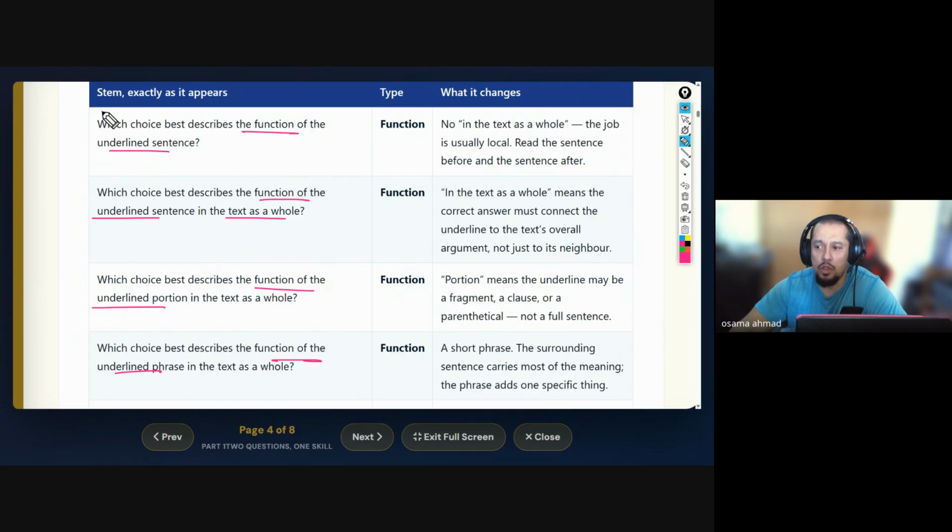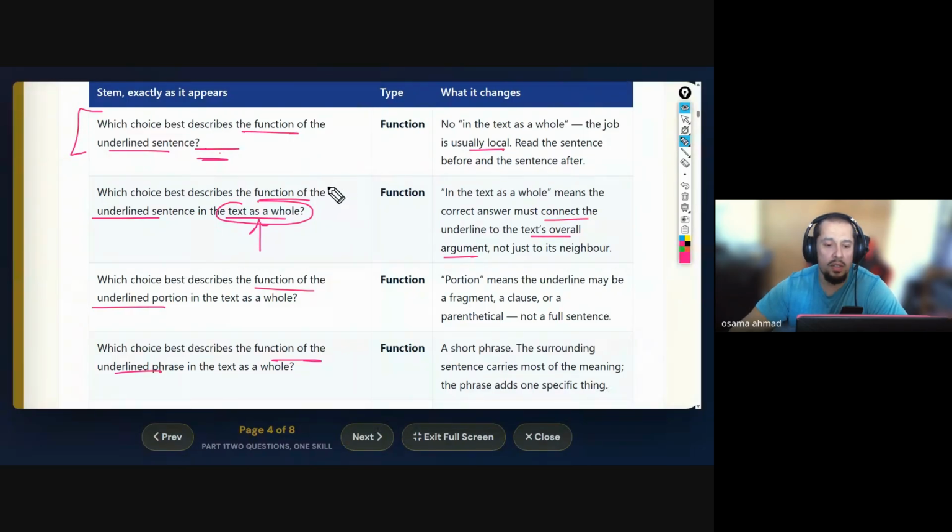So if it doesn't say in the text as a whole, the job is local, so I have to read the sentence before it and after it. But if it says, which choice describes the function in the text as a whole, that means the underlined portion must connect with the overall argument.